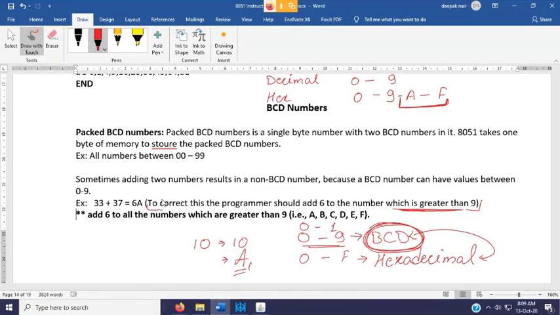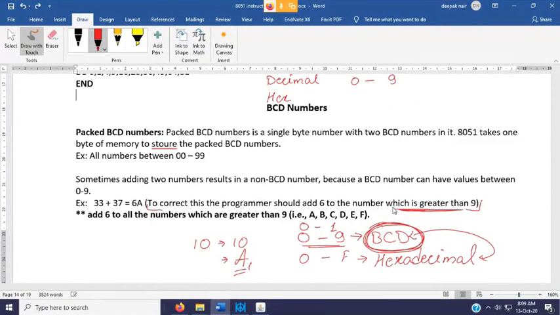To correct this, the programmer should always add 6 to the number which is greater than 9. Simple as that. If you have any number greater than 9, add 6 to that number and it will give you the BCD equivalent. Now, can the microcontroller do the same thing without the programmer having to add 6 to all the numbers whenever he sees A or B?